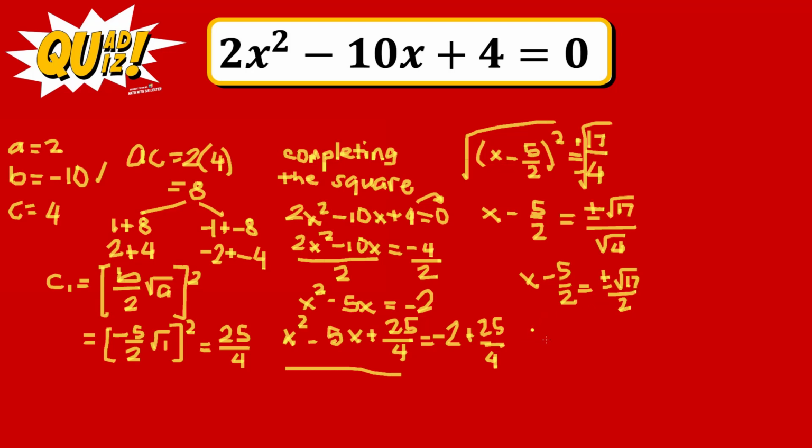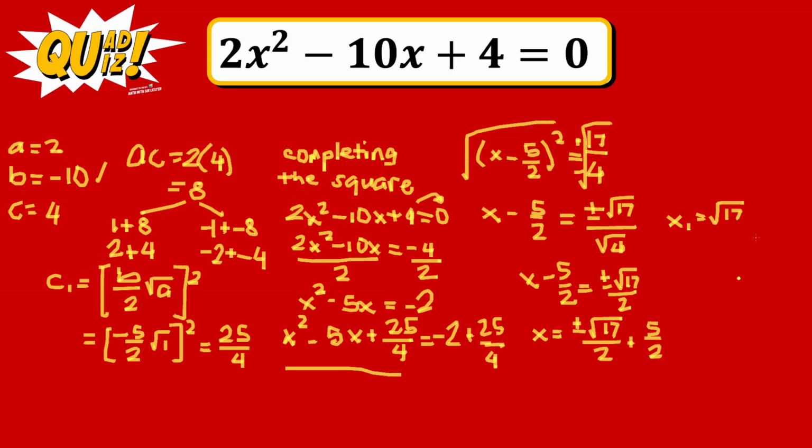And when we try to add both sides by 5 halves, you'll have plus minus square root of 17 over 2 plus 5 halves. These are now the 2 roots of the given equation. The first root is when we use the positive square root of 17.